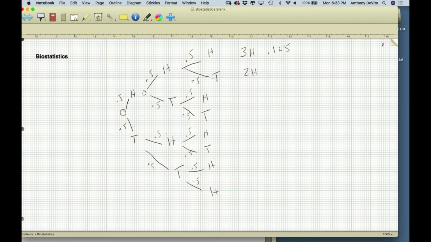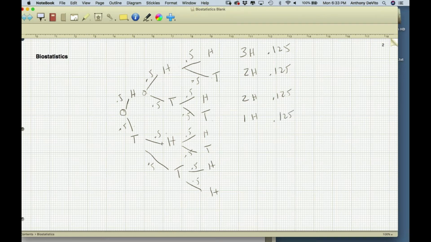What's the probability of that outcome? 0.5 times 0.5 times 0.5 is 0.125. How about heads, tails, heads? That's two heads also. The probability is 0.125. And heads, tails, tails, that's one head, and the probability is 0.125.